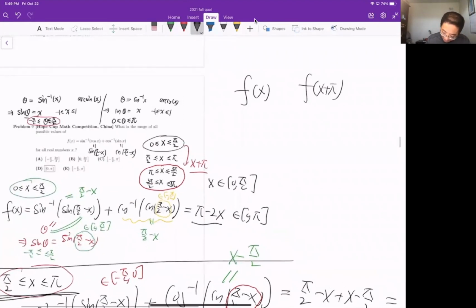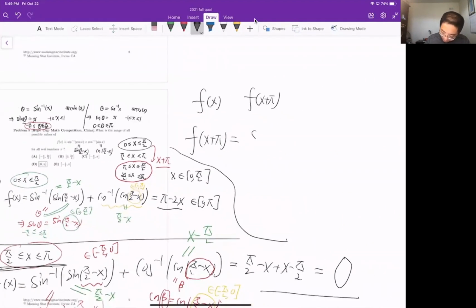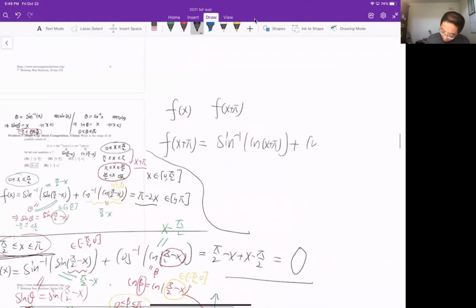So we have f(x + pi) equals sine inverse of sine(x + pi) plus cosine inverse of cosine(x + pi).